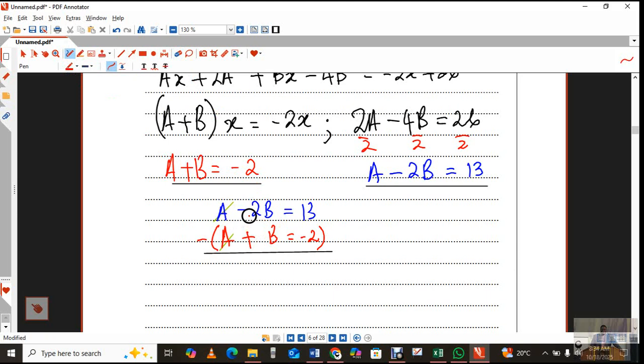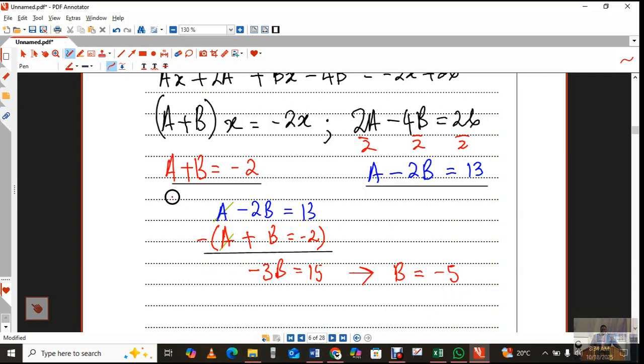All right, let's see where we're at with negative 2 minus 1. That is over here. That is obviously negative 3b. Now 13 minus negative 2 is going to give you an answer of 15. And then b will be 15 divided by negative 3. The value of b is negative 5.